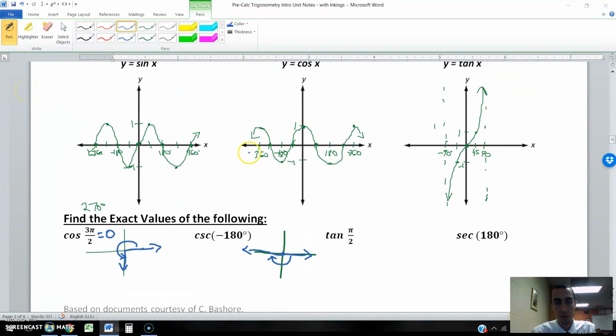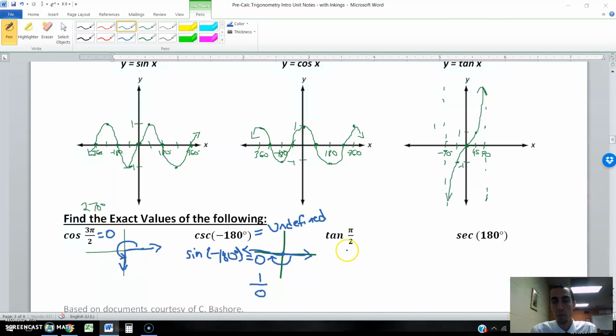So the sine graph at negative 180 degrees is 0. So then we ask ourselves, what is the reciprocal of 0? The reciprocal of something is 1 over that thing. So 1 over 0. But division by 0 is undefined. And so the cosecant of negative 180 degrees is undefined.